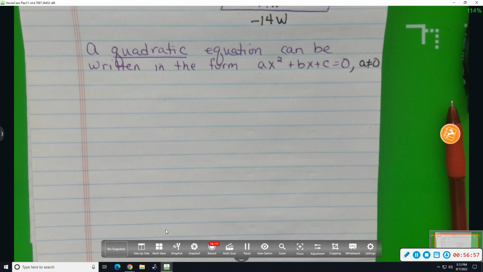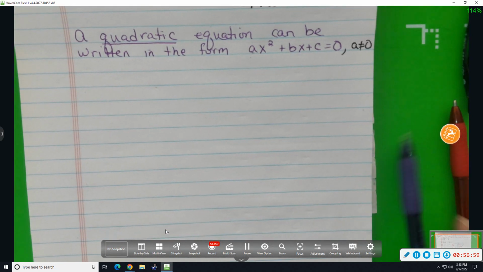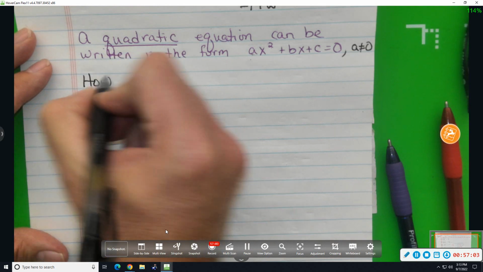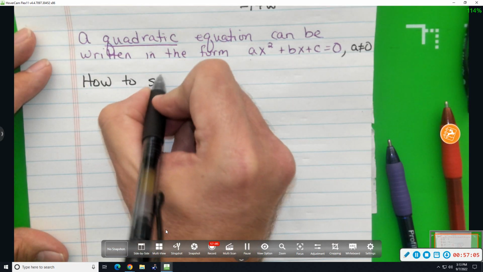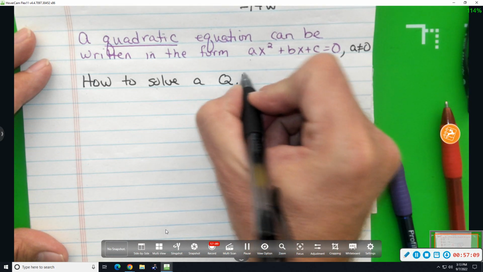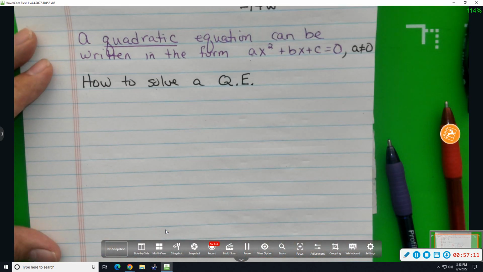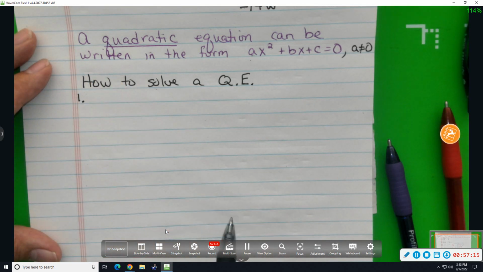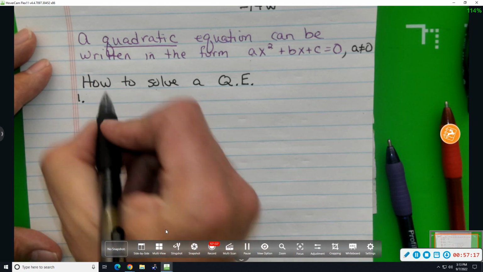And one way to solve quadratic equations is by factoring. How to solve this, a QE standing for quadratic equation. Step 1 is usually done for you, but not always.